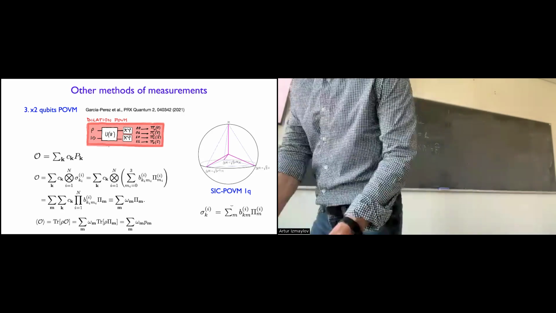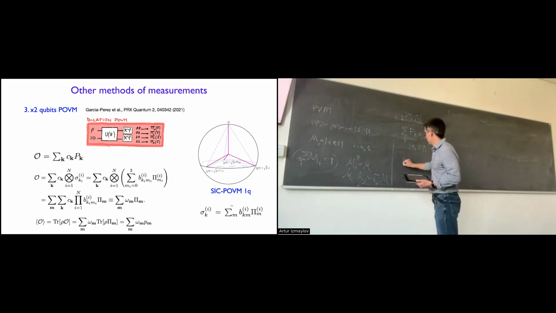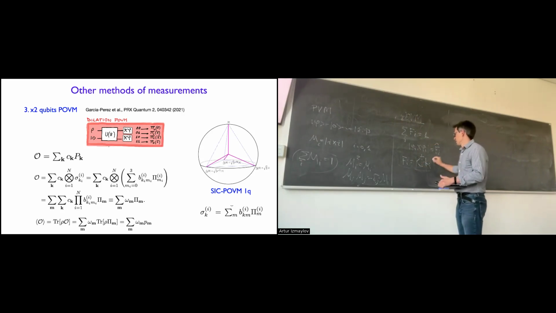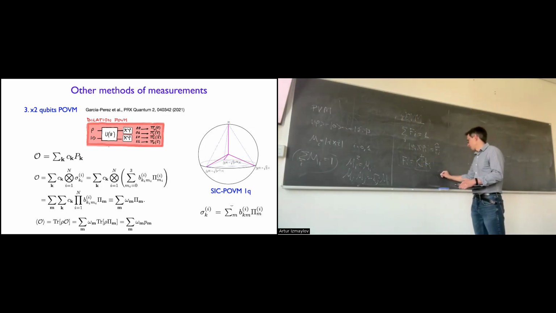Since they're positive definite, that means the Fi could be written as Ki dagger Ki for some operators Ki. They're Hermitian and positive definite, which simply means that for any vector phi, phi Fi phi is always greater than or equal to 0.